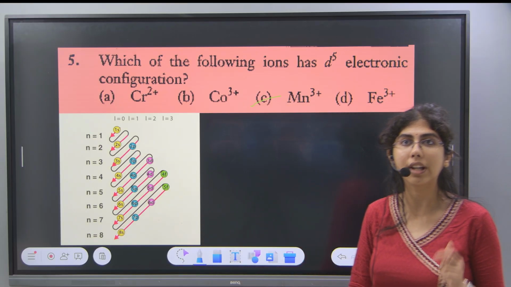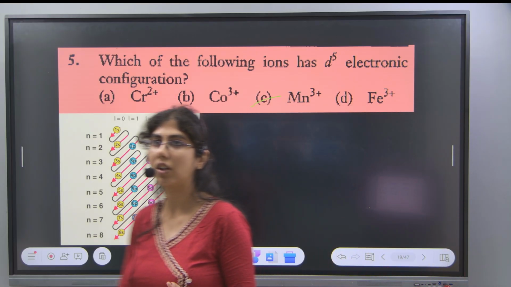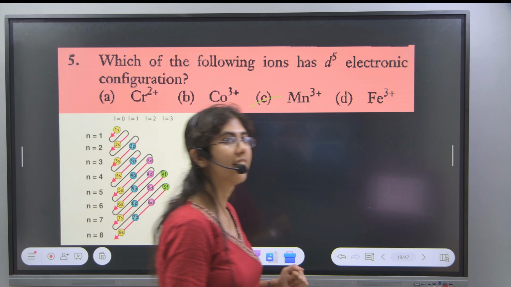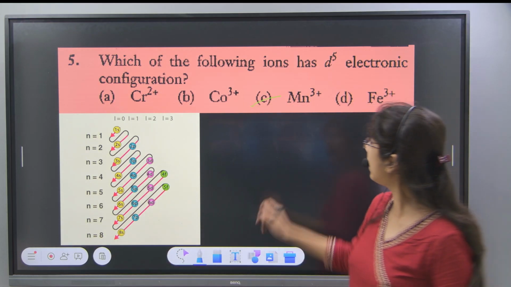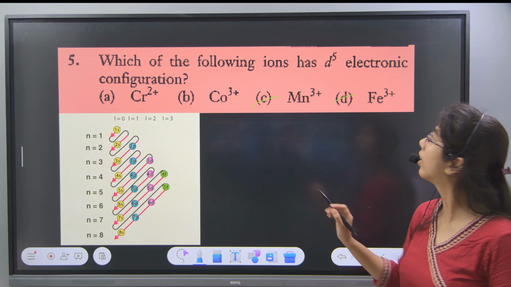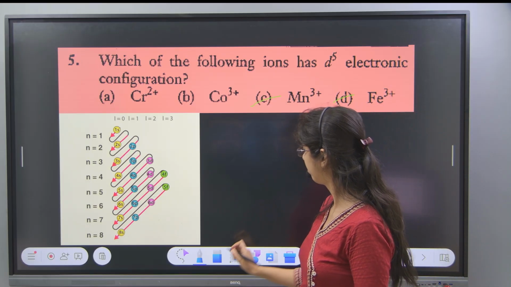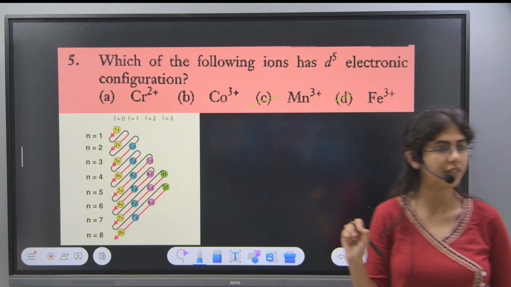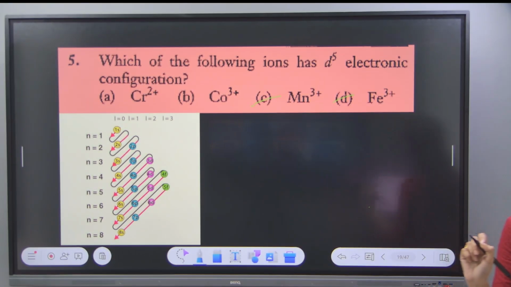If you're not able to recollect how to write the electronic configuration, use it. I've got one answer, option C. Option D. Any other answer?